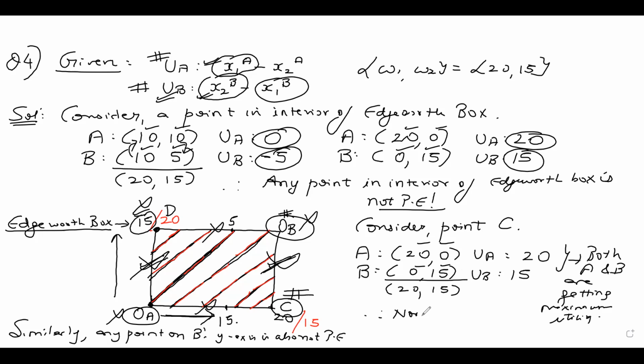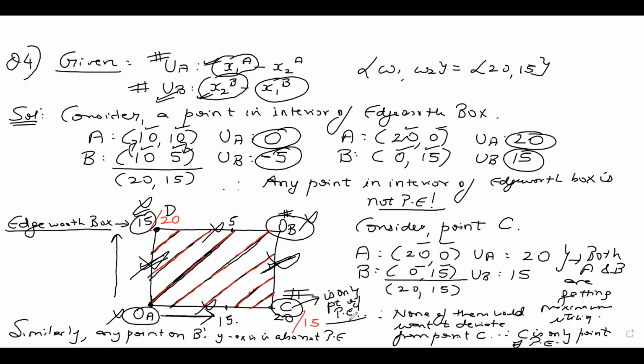Therefore, none of them would want to deviate from point C. Therefore, C is the only point of Pareto efficiency. So the answer for this question is only point C lying on A's x-axis is Pareto efficient.